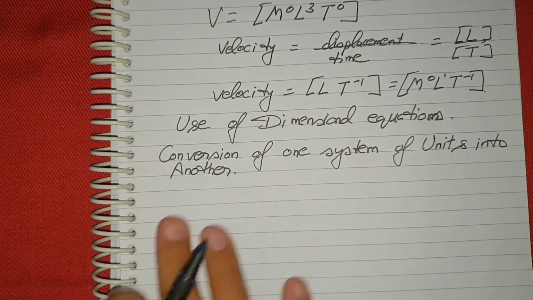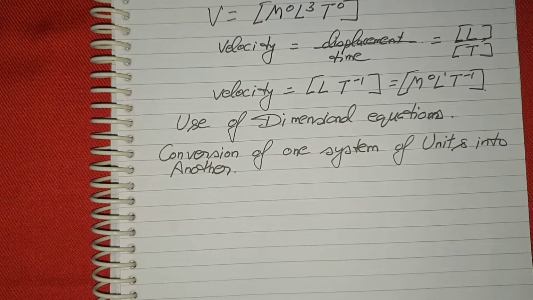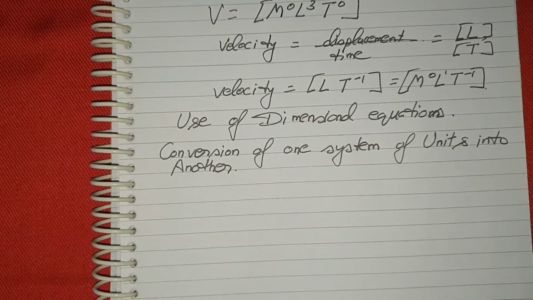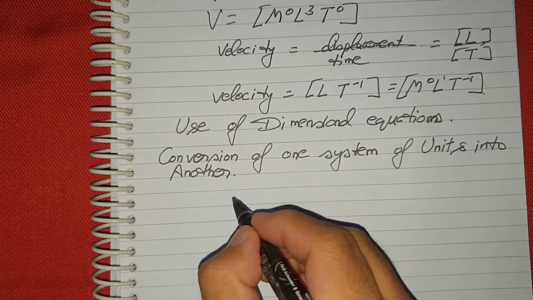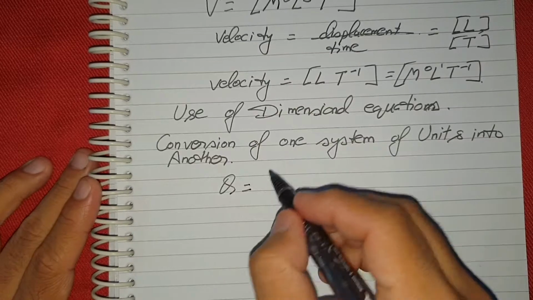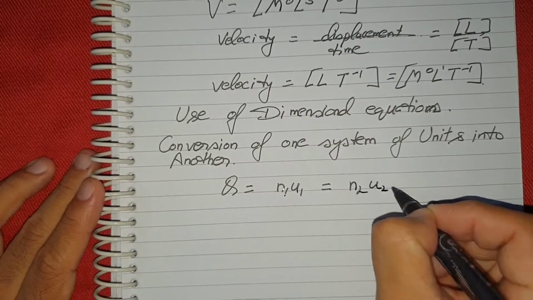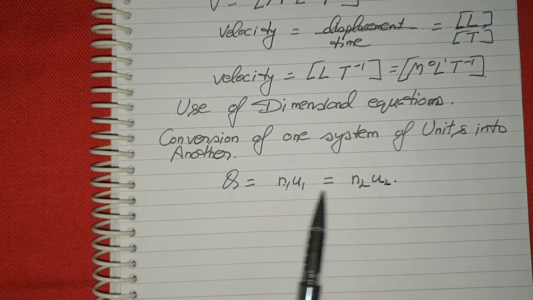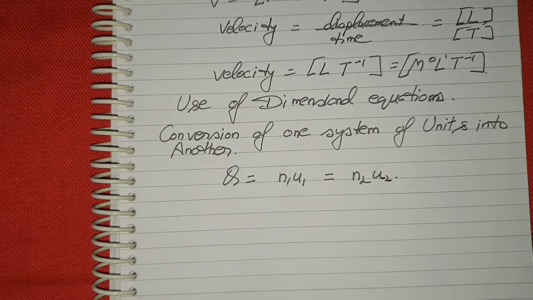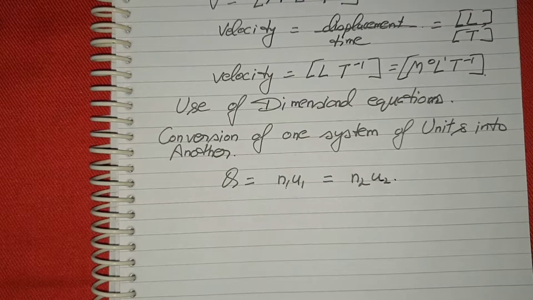Let's discuss the first point. This is based on the fact that the magnitude of a physical quantity remains the same, whatever the system of measurement. If Q represents the magnitude of a physical quantity, then N1 U1 equals N2 U2. U1 and U2 are two different units of measurement, and N1 and N2 are their respective values.